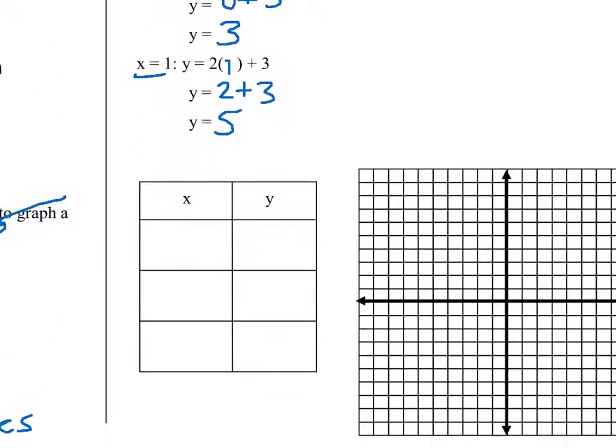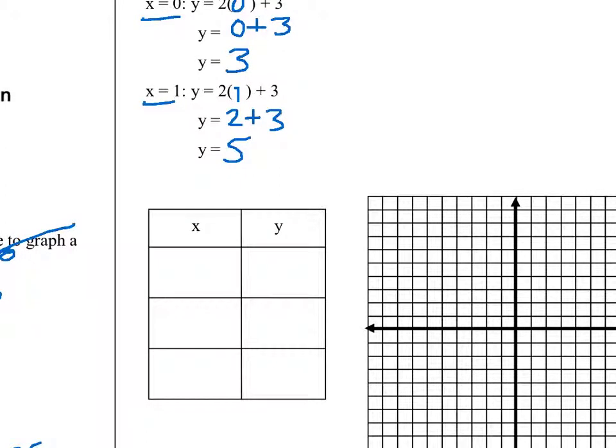So we need to come through and fill out our table. I chose -1, 0, and 1. Those were my x values. When I plugged in -1, what did I get for my y value? Gene, when I plugged in -1, what did I get for my y value? Hopefully it's on your paper because it's not on mine right now. 1.